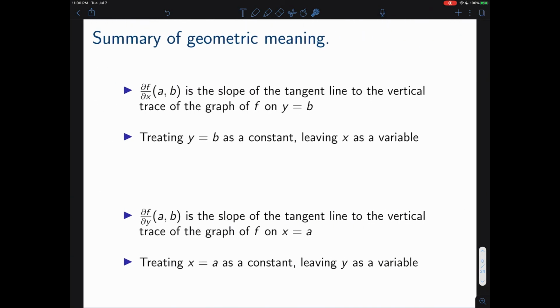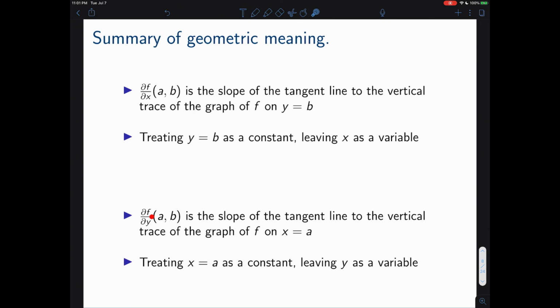And here's a summary of what we've been saying, just to recap. The partial derivative of f with respect to x at a point (a, b) is the slope of the tangent line to the vertical trace that you get on the graph of f when you set y equal to b. You set y to be a constant, so we're treating y equals b as a constant and we're leaving x as a variable. The other one is the other way around.